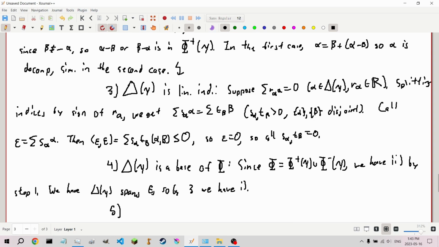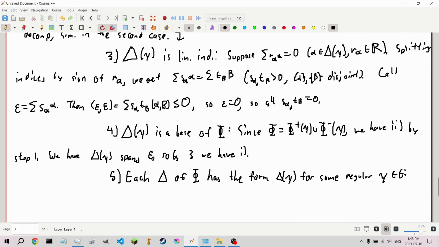Step 5, that each base delta has the form of delta of gamma for some regular gamma in E. So given the basis delta, we're going to select a vector gamma such that the form of gamma and alpha is positive.